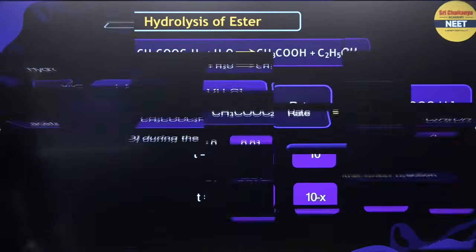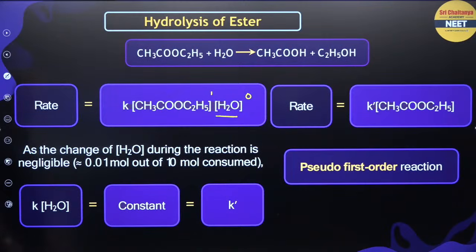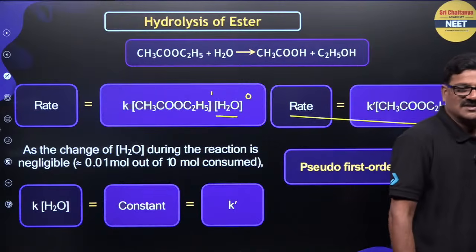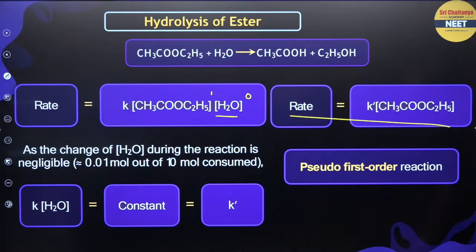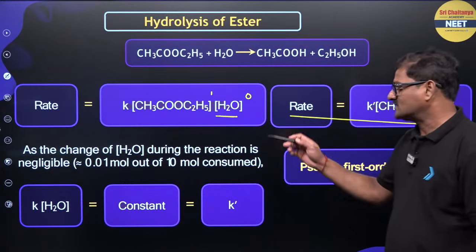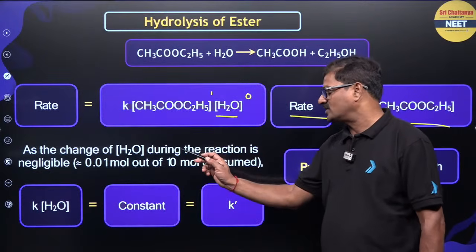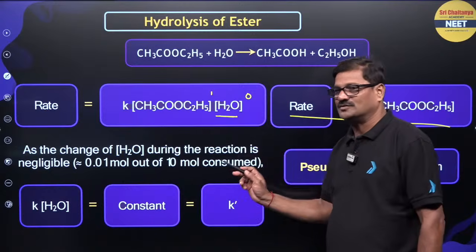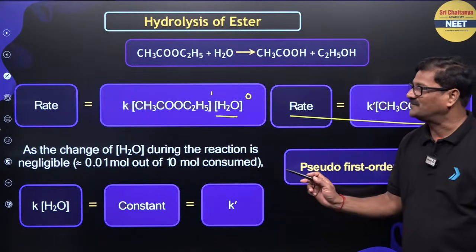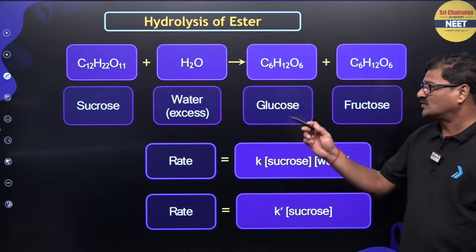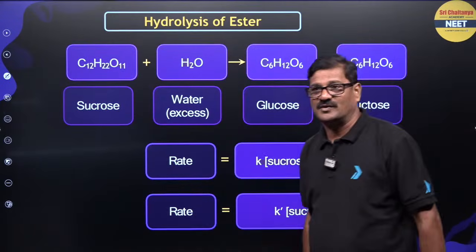So 100 times more, so the rate expression is going to be ester to the power 1 only. As the concentration of H2O during the reaction is negligible, 0.01 mole out of 10 mole is consumed. Understand? Clear? Fine.